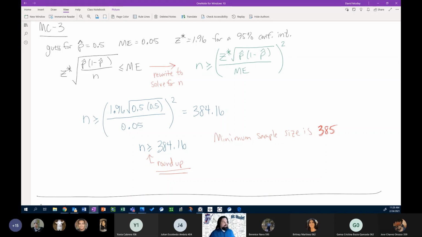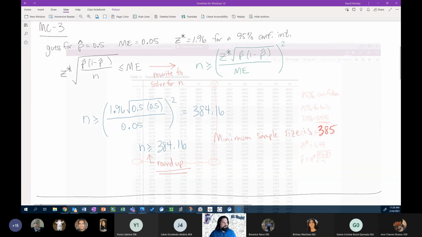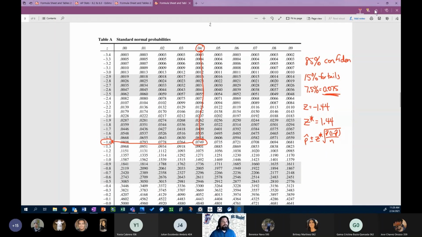So z-star is very similar to the z-score. When we're finding the z-star for 95% confidence, essentially what we're doing, I'm going to open this up, and don't pay attention to the markings on here, I need to erase them. They're for something else.